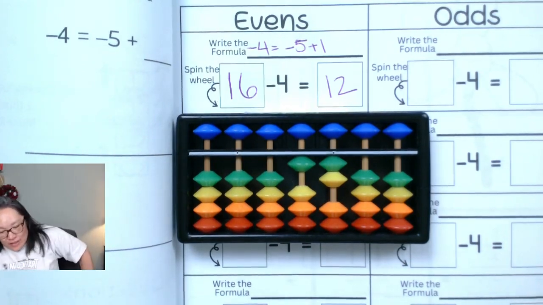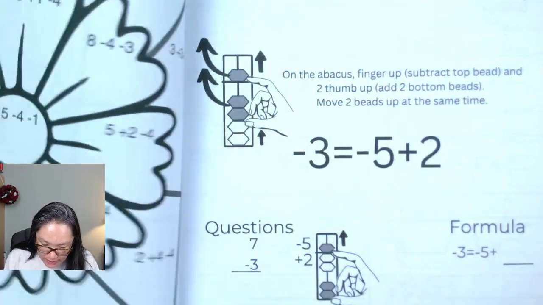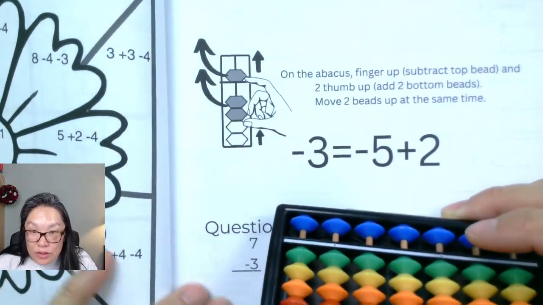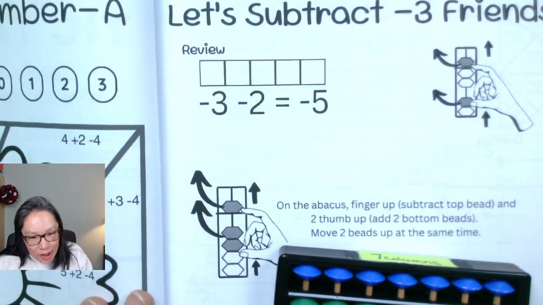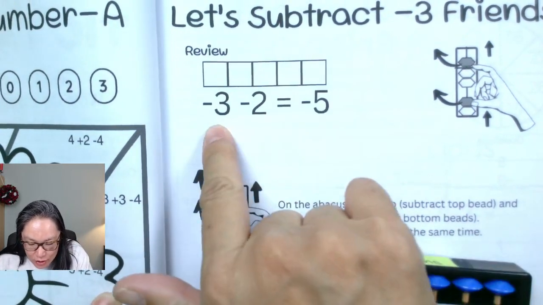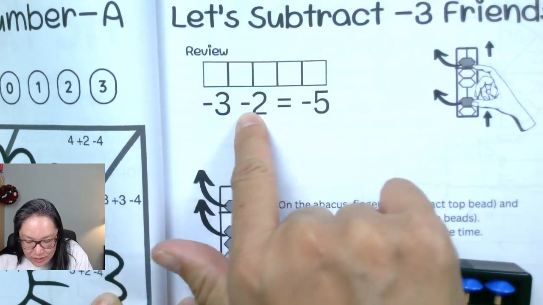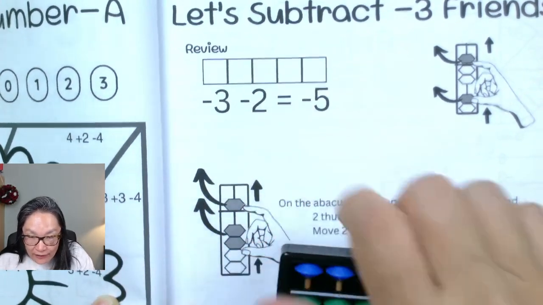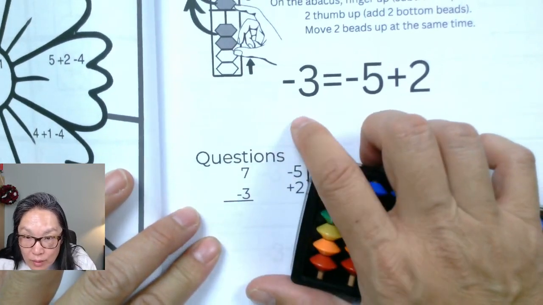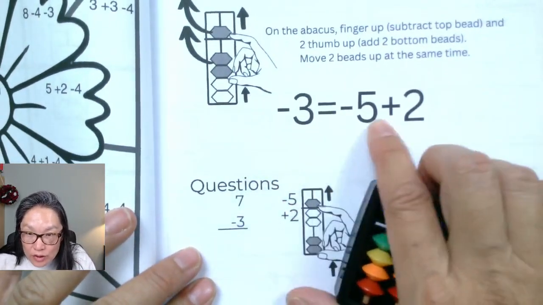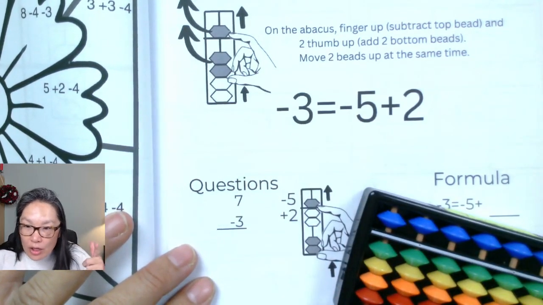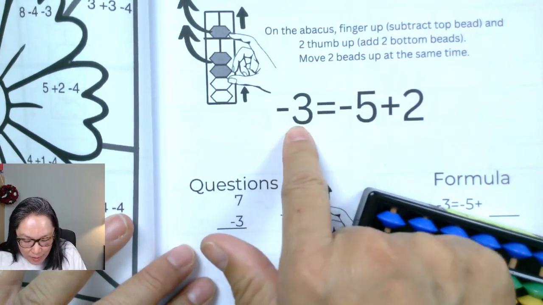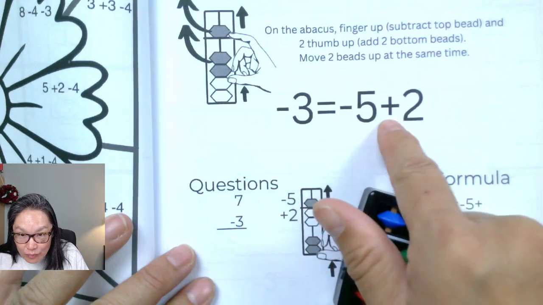All right, so we can do it again. We can do the minus the 3. This is just activities on how to solidify the information. More subtraction. I don't do a lot of subtraction, that's what I've noticed. This one is minus 3 minus 2 equals minus 5. So we're going to modify and power up our equation: minus the 3 is equal to minus the 5 plus the 2.